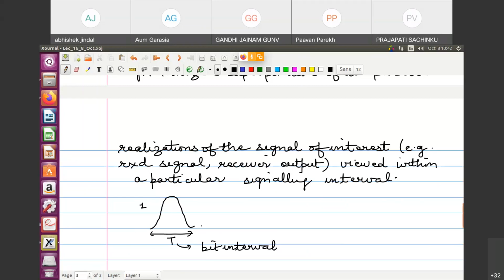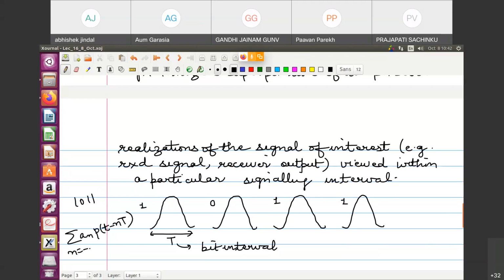Then the next instant, you take the same pulse; suppose the bit is 0, so you multiply with 0 and transmit. Then again a pulse, it is 1, you transmit; then again 1, you transmit. So this is a digital sequence 1010. You will add it all up. That is the formalized summation, sum over n of a_n p(t minus nT). That is the formula for generating the signal at the baseband.